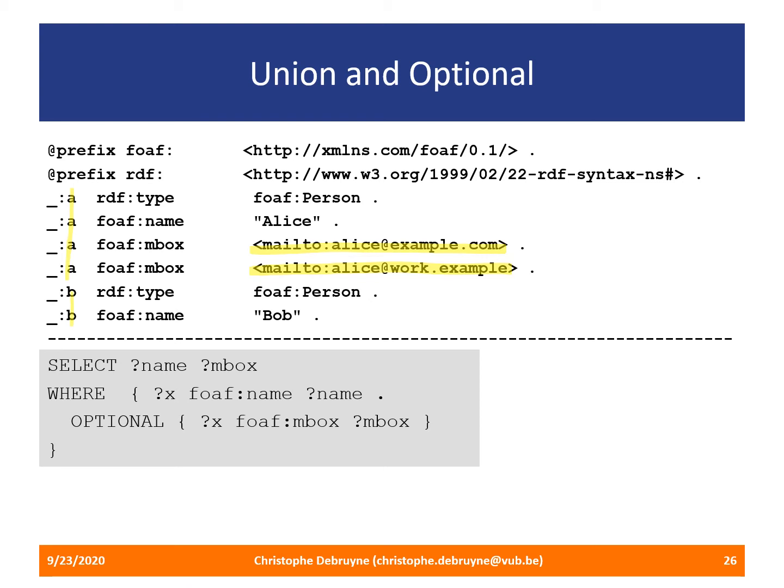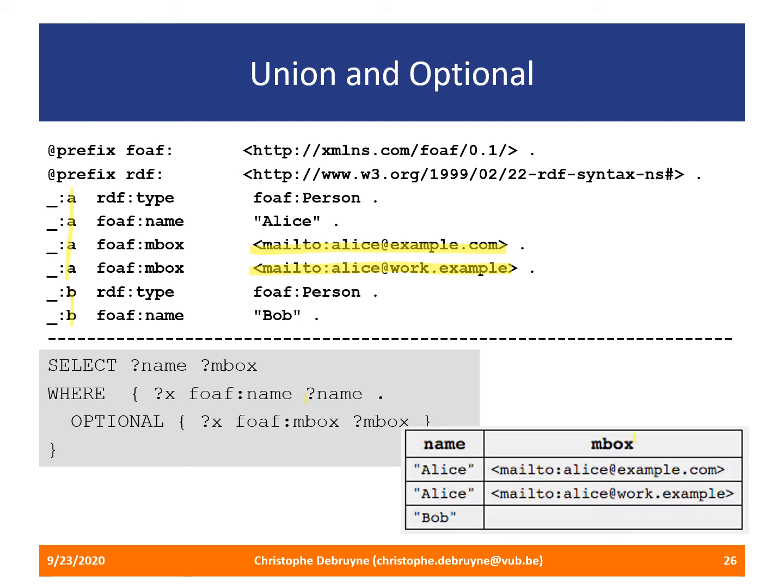Once we fire that query, we will see that there are three solutions in the result set. Why three? Well, Alice has two mailboxes and therefore she will appear twice, once for each mailbox in the result set. Bob also appears in the result set, but there's no value for his mailbox, so it will be null.